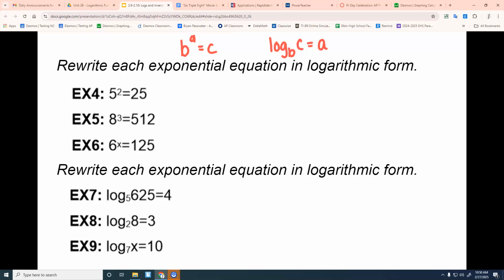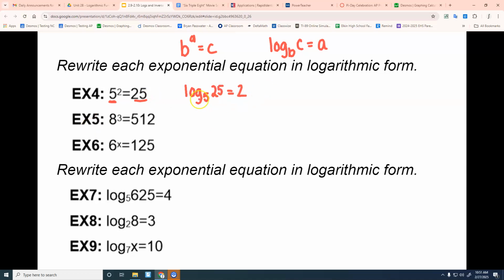So you can just identify your pieces and rearrange them. For example, in 4, 5 is my base, so I'm going to have log with a base of 5. The exponent goes over here on the other side of the equal sign. And the number that it's equal to is what you're taking the log of.